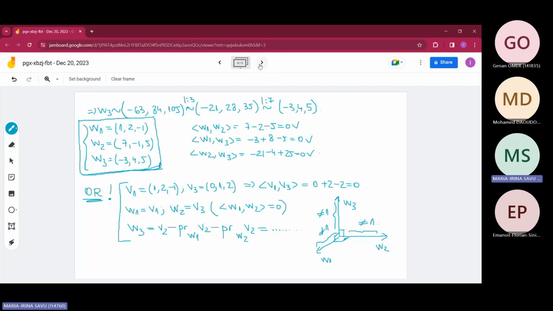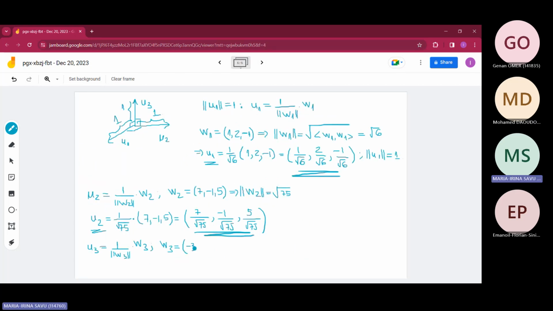W3 is minus 3, 4, 5. Its norm: you have 9 plus 16, which is 25, plus 25, so the square root of 50.